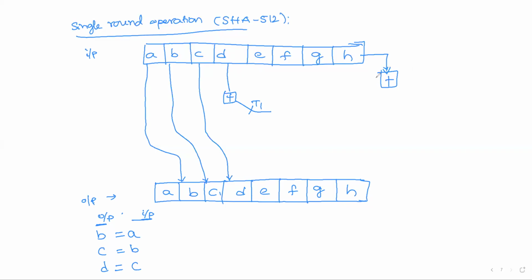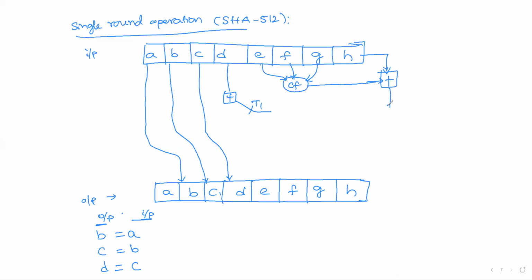For this operation, another input is some conditional function, it may be CH. For this function, the inputs are E, F, G buffer data. This conditional function output will be given as another operand for this addition modulo 2 power 64 operation.